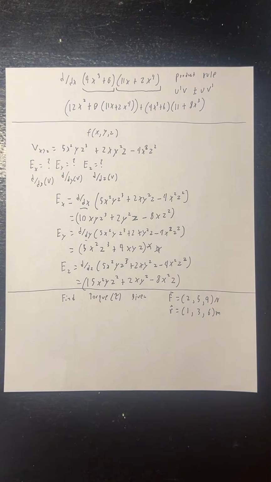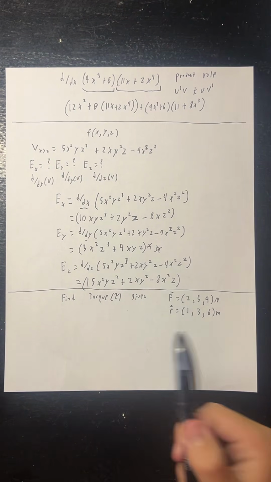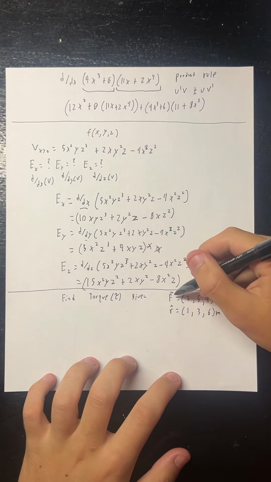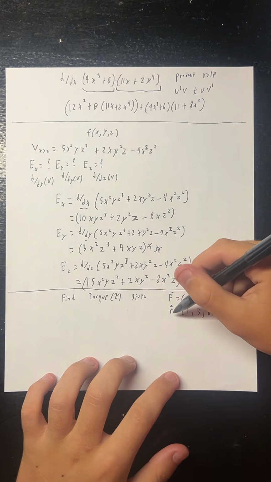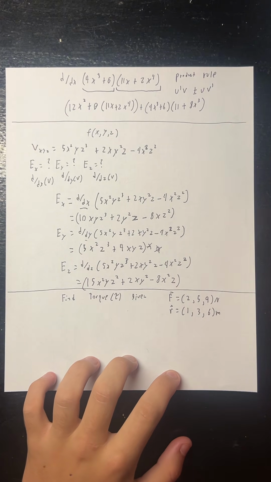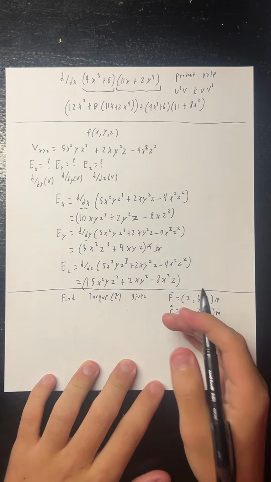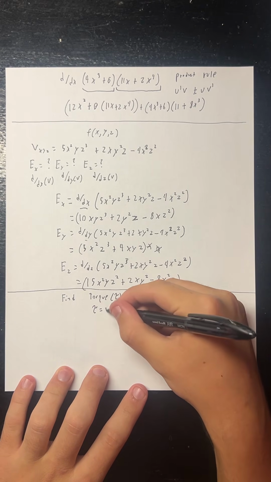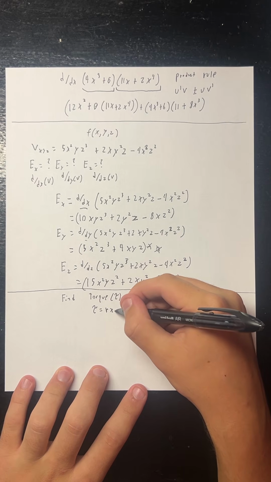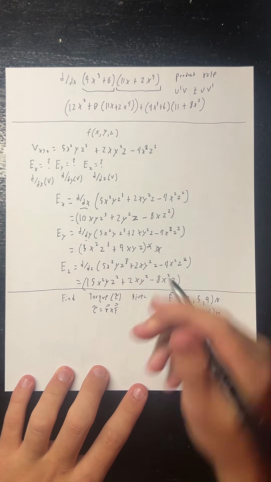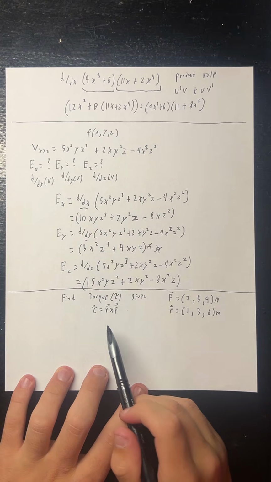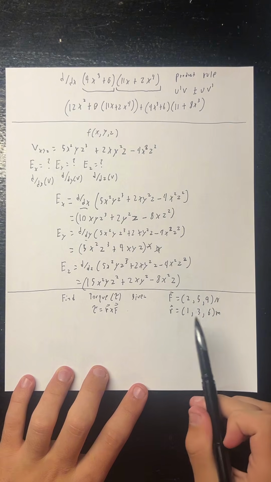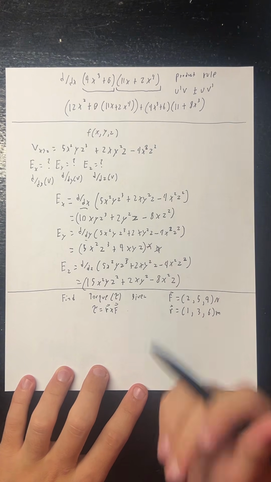Okay, the next question asks, find the torque given that these 2 vectors. So this is a force vector and a r radius vector, and we have to note here that torque is equal to r cross f, and these are both vectors. So we can use the cross product here. So we are given the equations for both, and we can basically just plug it in.